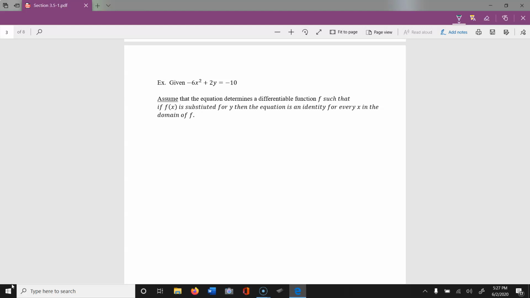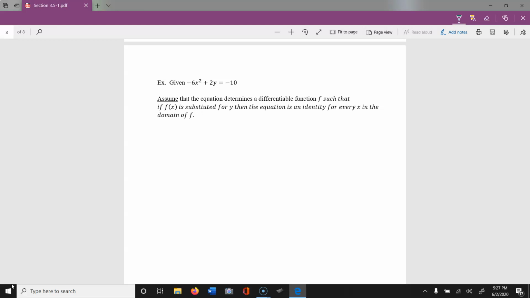Okay, so that's our assumption. We're going to assume there is some function f such that when you substitute it in, it leads to an identity. Okay, so with that assumption, what we're going to do is we're going to differentiate.